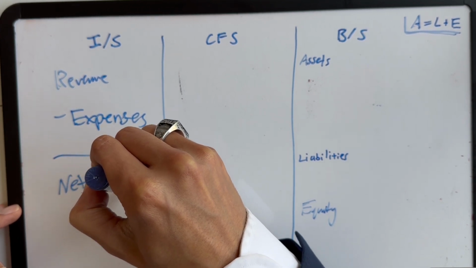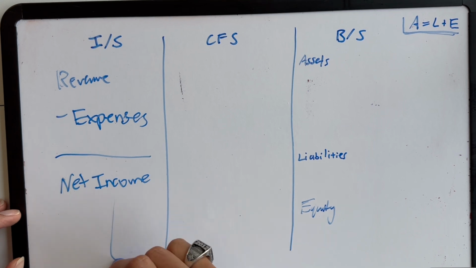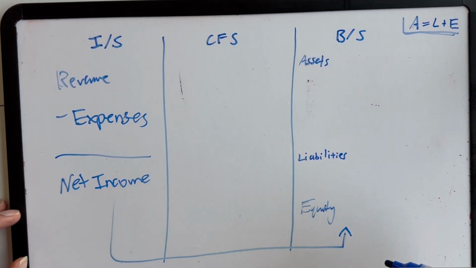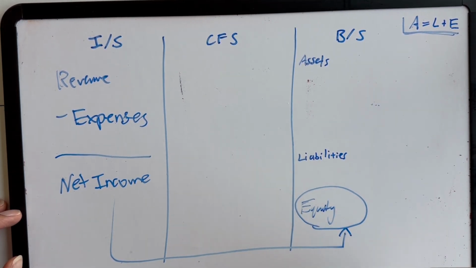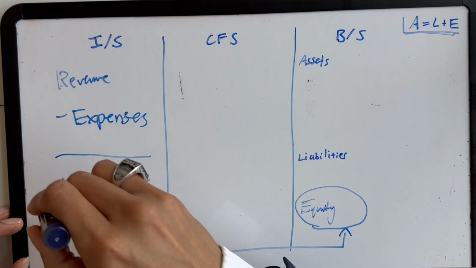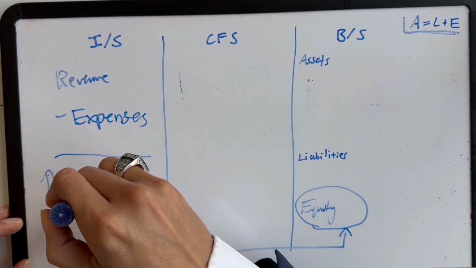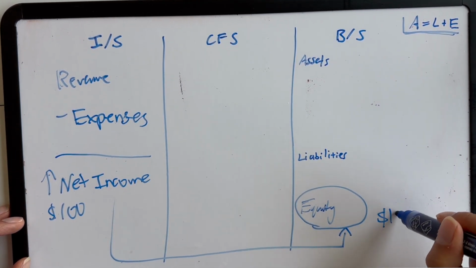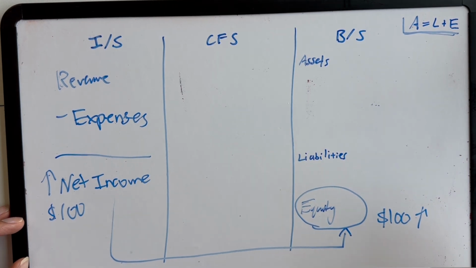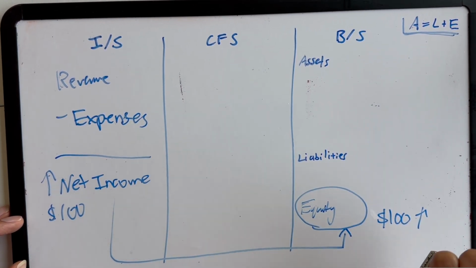Net income is the same thing as profit. So this net income, this profit, becomes part of the equity of the business. So this actually flows over here to your balance sheet and flows from net income into your equity. So your equity increases in a proportional way that your net income increases. So if a business makes $100 in 1 year, in terms of profit, that would flow into a $100 increase in your shareholders' equity. So that's another very important connection that we need to be aware of.